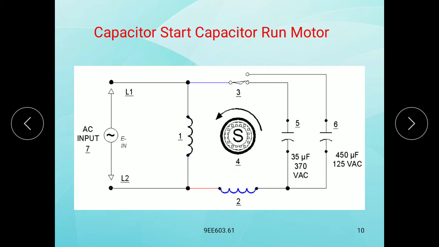These are the capacitors, 35 microfarad and 450 microfarad. This is the rotor. This is a schematic diagram of a capacitor start, capacitor run motor.